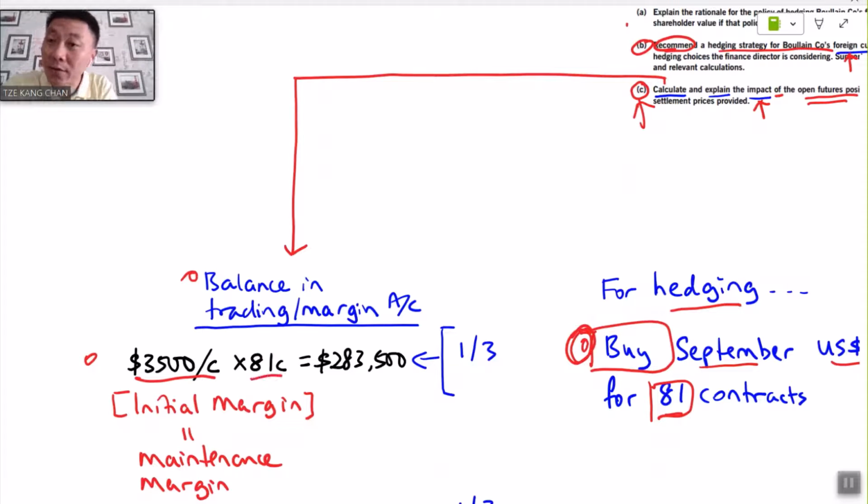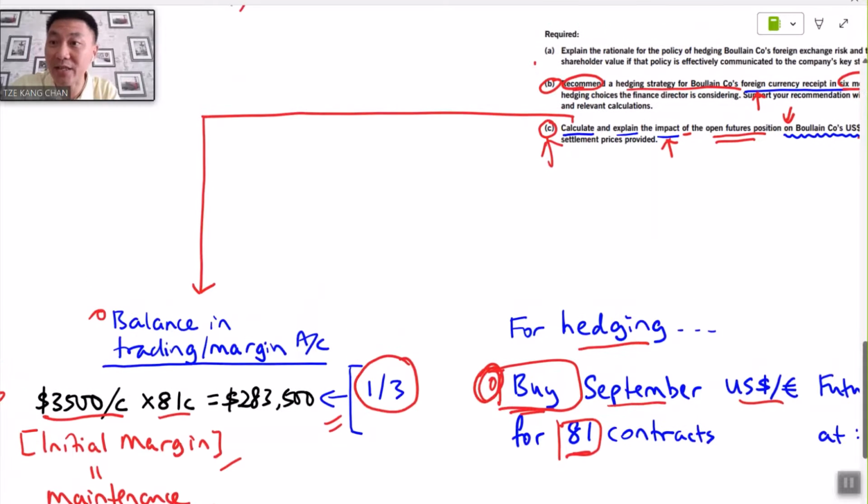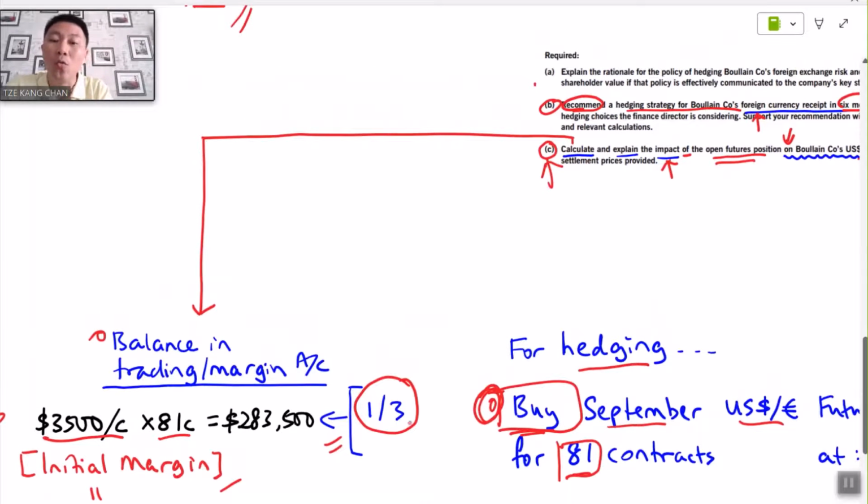For 81 contracts to be traded, that gives rise to $283,500 in total of initial margin to be deposited on 1st March before the trading instructions can be given to the broker. Bear in mind, this amount of initial margin also reflects the maintenance margin as described by the question. Once this deposit has been placed into the account, that's when the trading instructions start taking place.